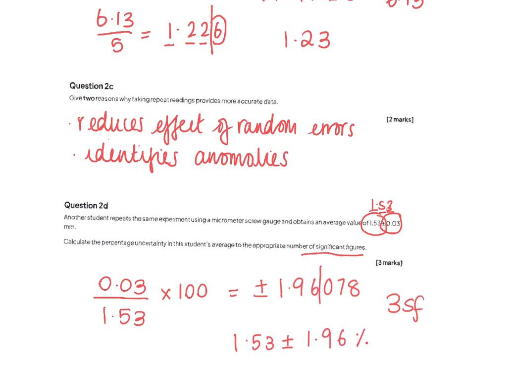So I'd cut it off here, 1, 2, 3, and I don't need to round it up because the next number is a 0. So this is how we write our percentage uncertainty. We write the number in full, then our plus or minus, then our percentage with our percentage sign at the end. And we probably should actually sneak a millimeter sign in there before our plus or minus.